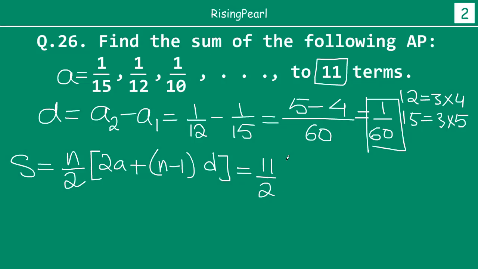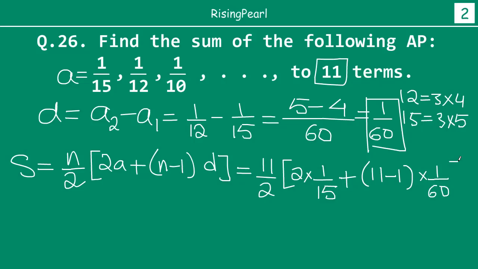So 11 by 2 times 2 times a, where a is 1 by 15, plus n minus 1, where n is 11, times the common difference 1 by 60. So all you have to do is solve this, and then you will get the answer.